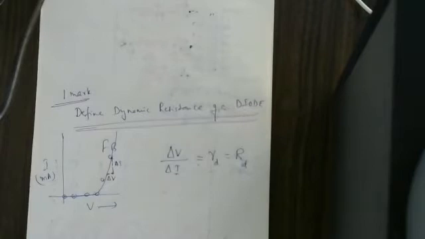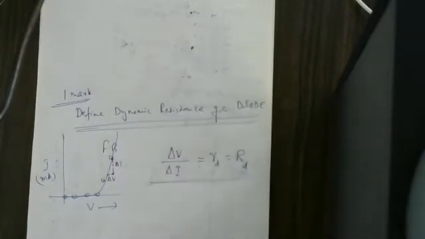It is the ratio of the small change in the applied voltage delta V to the change in the current delta I that is called the dynamic resistance of a semiconductor diode. Okay, this is for the 1 mark question.